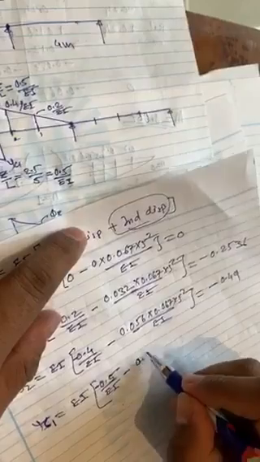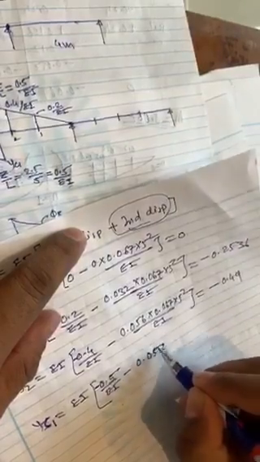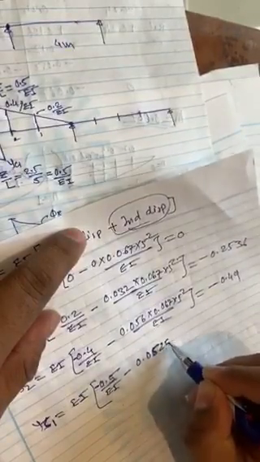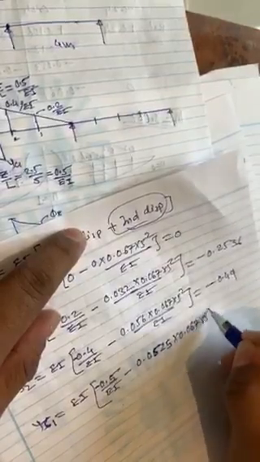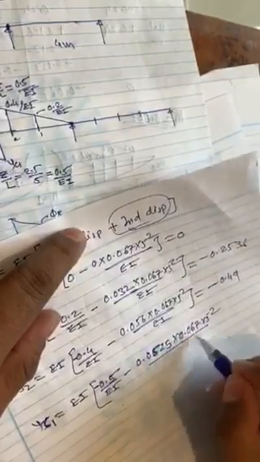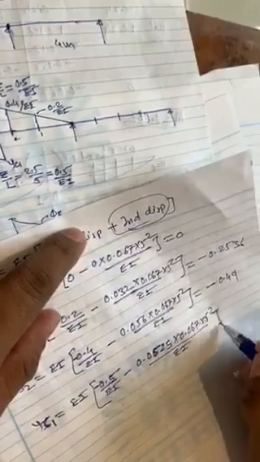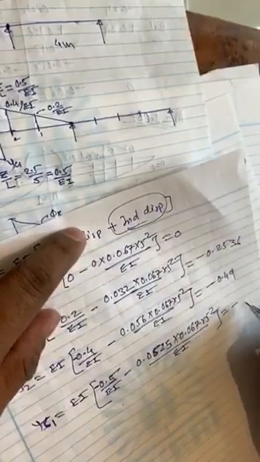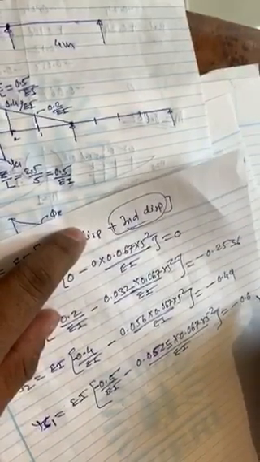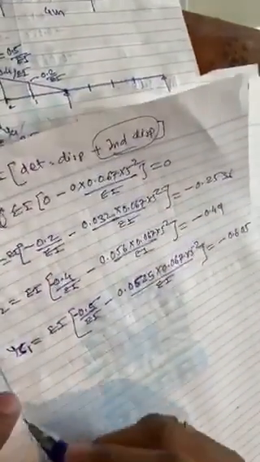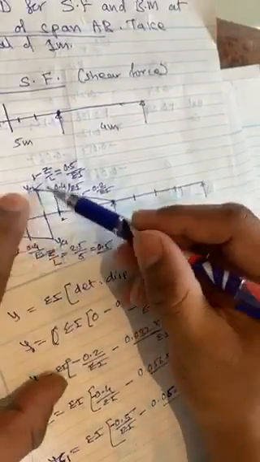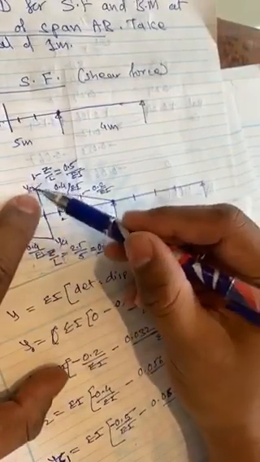It is 0.0625 into 0.067 into 5 square divided by EI, and this comes out to be minus 0.605.